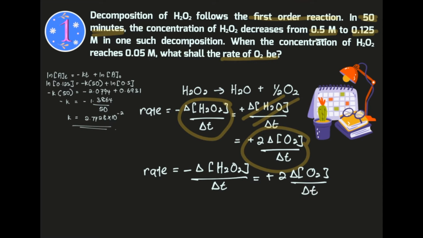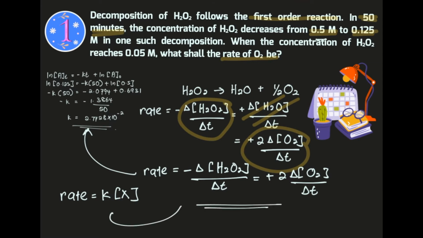From here, we need to move on to using the value of k that we have. From the rate expression, you need to convert it to the rate law. In the rate law, usually we have rate is equivalent to k and the concentration of the reactant itself. So we are going to manipulate this to change into the rate law instead of using it as the rate expression.